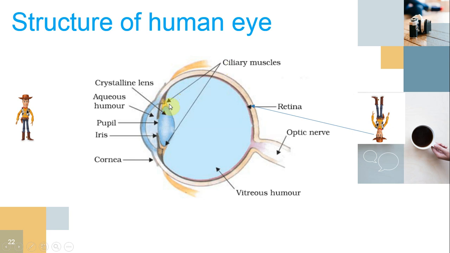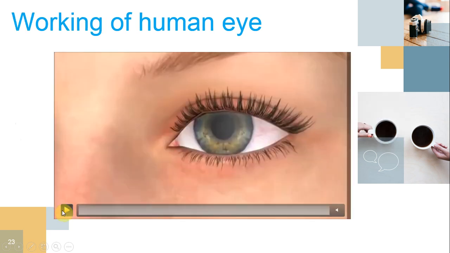If they are relaxed, the eye lens is thin, so that we can see long distance objects. If the ciliary muscles are contracted, the eye lens is thick, so the focal length is short, so we can see nearby objects. So here the retina is a screen.